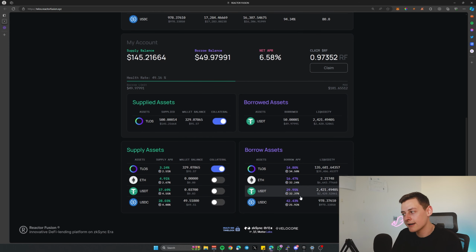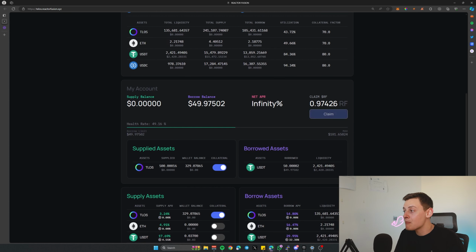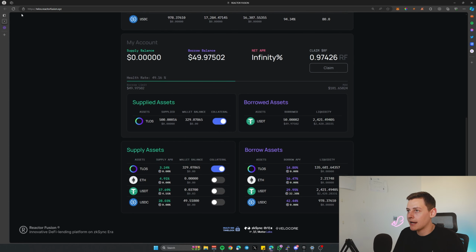So even though I'm borrowing USDT and I'm paying interest, I'm actually earning more in rewards for doing so. This is a way for the protocol or the application to incentivize and get more people to use it. For a while, they'll be offering you really good reward rates and they'll probably drop over time. But at the moment, they are very juicy. I'm going to get paid more in rewards than my interest that I need to pay.